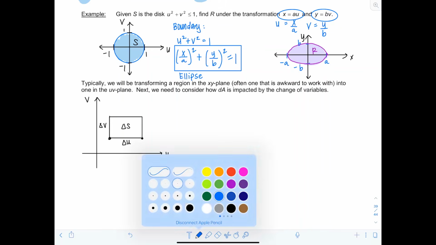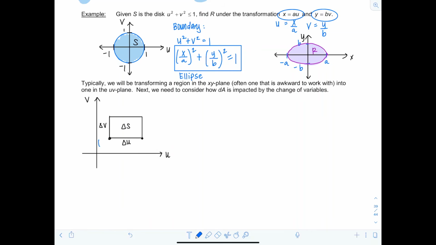And if I wanted to express what these points are, we'll call this left bottom endpoint u naught, v naught. And then over here on the bottom right, we have u naught plus delta u, v naught. All right, and then our transformation T, remember, takes this region, and then now it's going to map it into the xy plane.